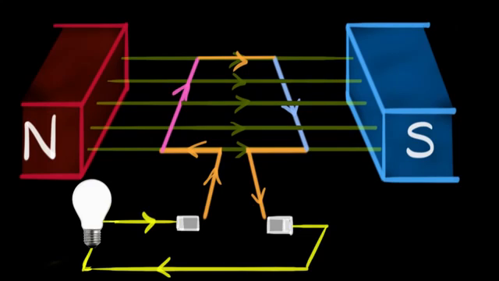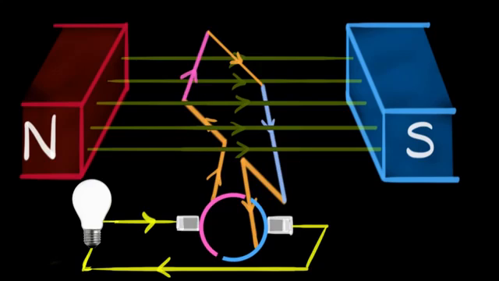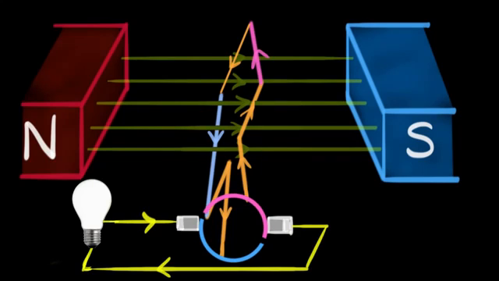We can do that by attaching split rings. Split rings, as the name suggests, are a ring that is split in between, giving two half rings with some gap in between. Now let's see how this arrangement automatically changes contact for every half a rotation. Right now, this brush is in contact with the pink side. But as the coil rotates and comes to this position, the current reverses, and now notice the brush is in contact with the blue side, making sure the current still flows in the same direction through the bulb.